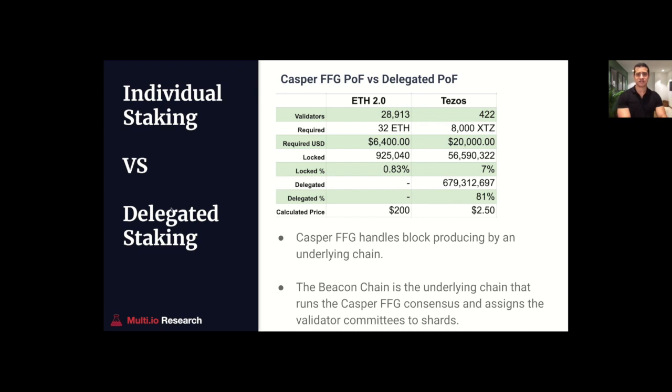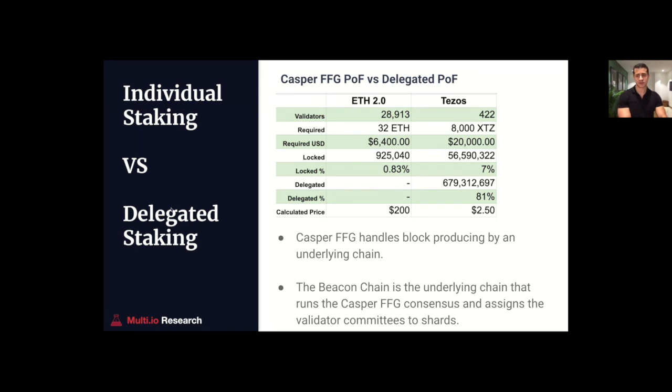Casper FFG handles block producing by an underlying chain with thousands of light-client validators. In Casper FFG, there is no delegating, so individual staking is enforced if you want to be part of the consensus model and earn block rewards. On Ethereum, the number of validators, which are the block producers, is in the thousands, with this number expected to rise to the hundreds of thousands when the network matures.